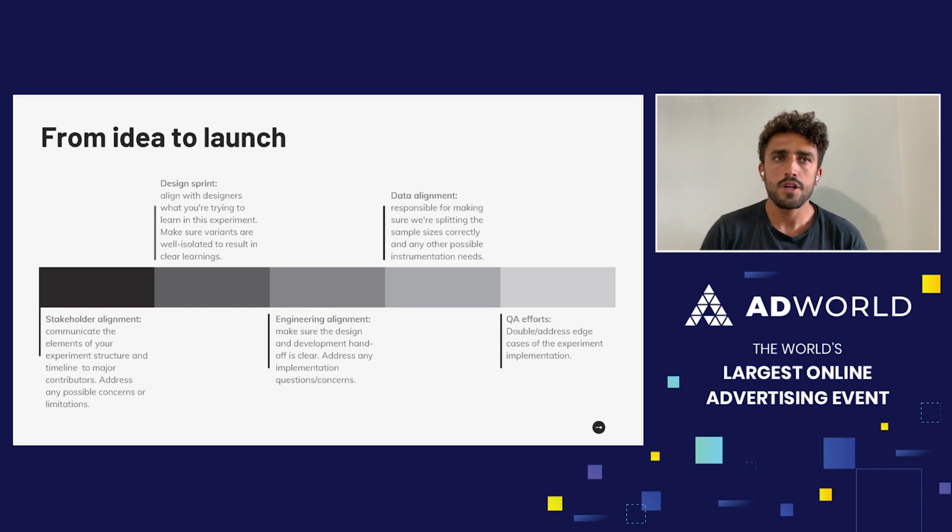So here's the process I recommend people go through whenever running experiments. The first step, and I believe the most important one, is stakeholder alignment.